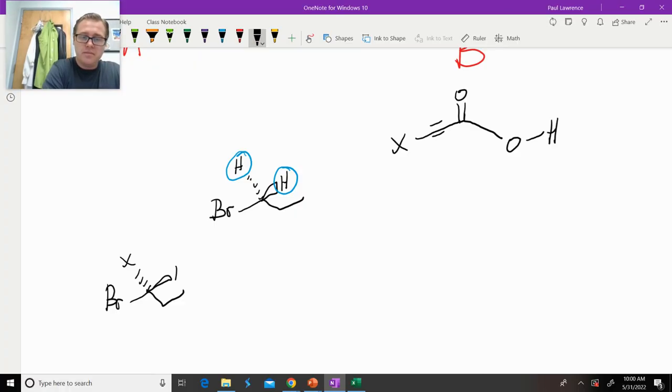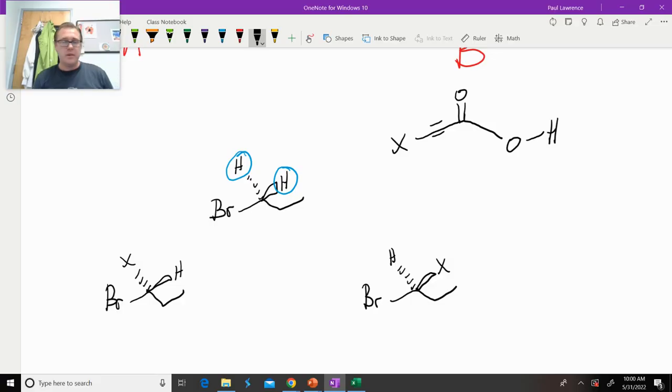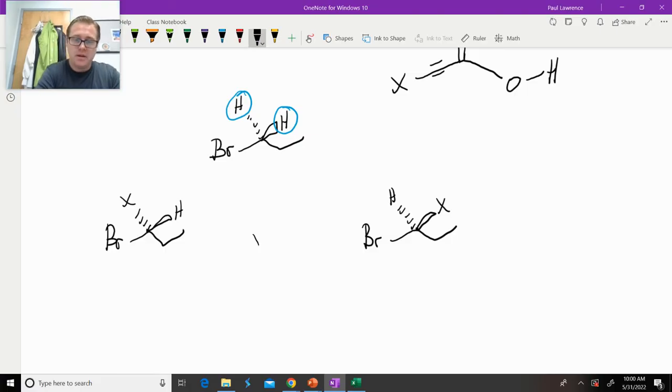Okay. And then on the right side, I redraw the molecule and replace the other hydrogen with an X. Okay. Now we have those two molecules now to compare. What are their relationships between those two? Okay, so I can put little verses there.